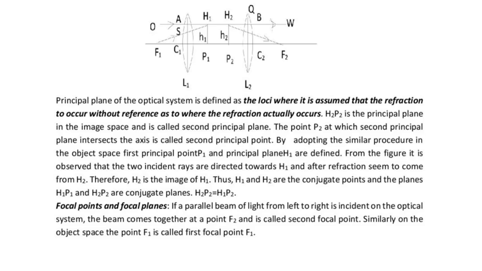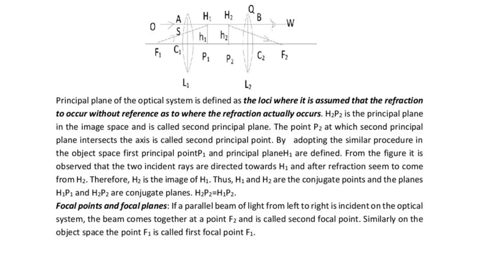From the figure, it is observed that the two incident rays are directed towards H1 and after refraction seem to come from H2. Therefore, H2 is the image of H1. Thus, H1 and H2 are the conjugate points and the planes H1P1 and H2P2 are conjugate planes. H2P2 is equal to H1P1.